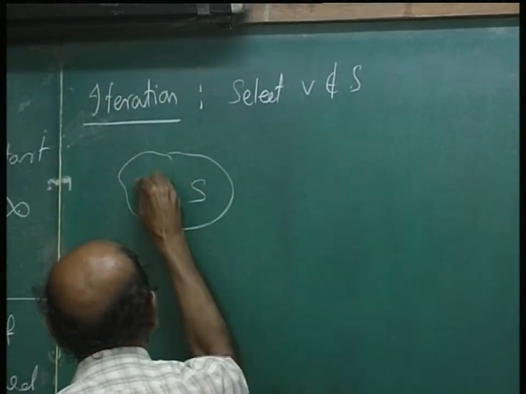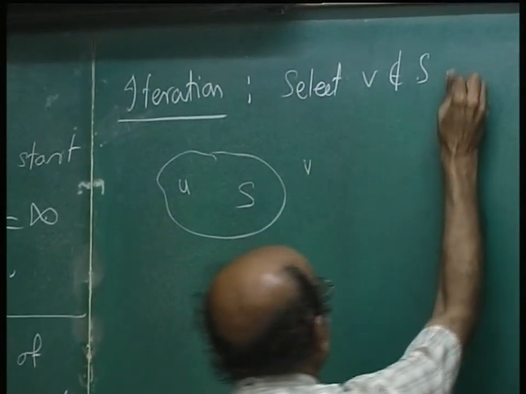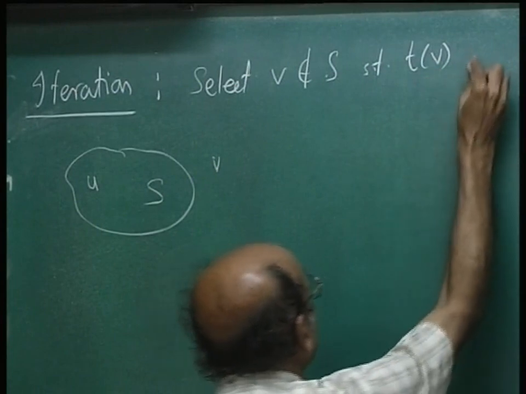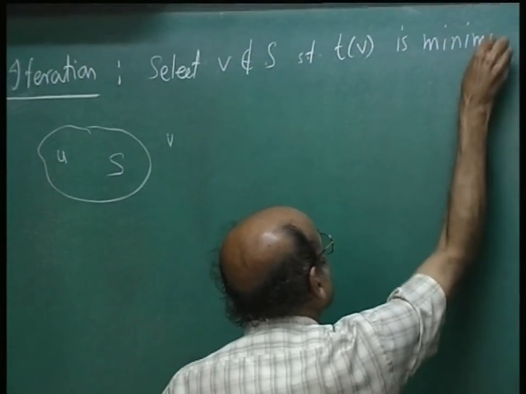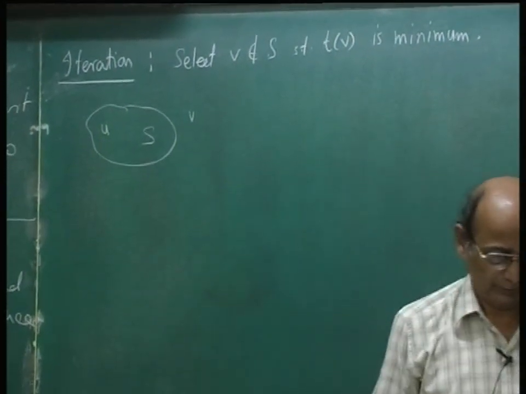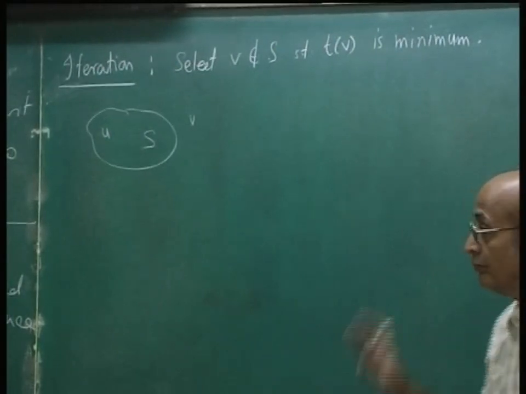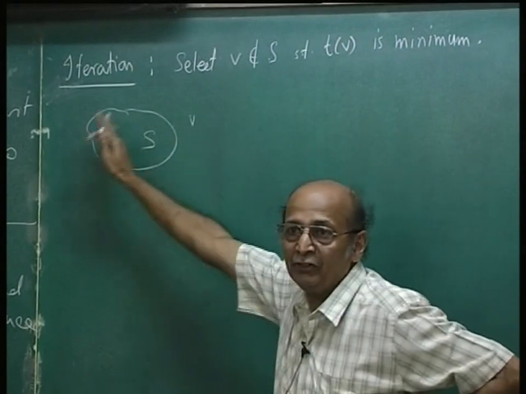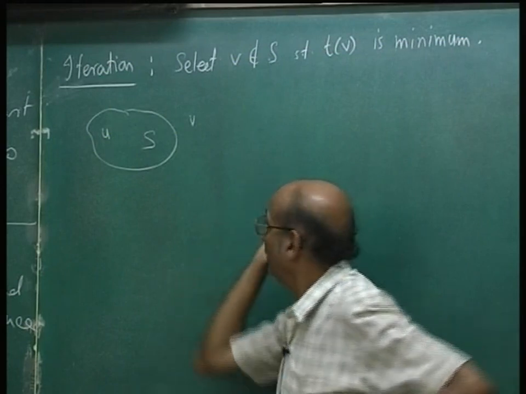This is the S, such that T of V is minimum. Now what you plainly do is add that V to S. Enlarge S to add V.